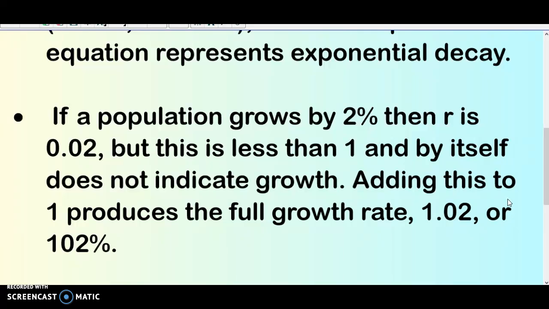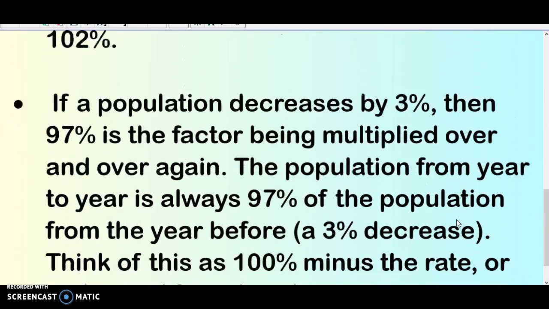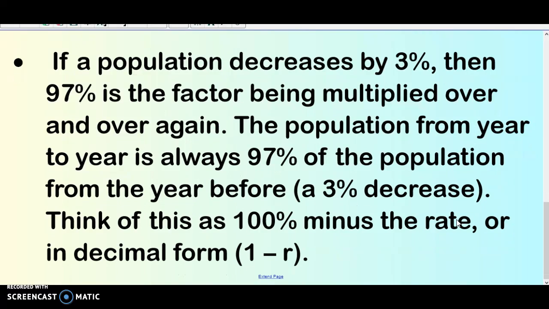So that gives us the growth rate of 1.02, which represents 102%. Now, if a population is decreasing, we're going to do the opposite, and we're going to start with 1, and we're going to take away the amount that it's decreasing by. So if something's decreasing by 3%, then 97% of the factor is still there that we're going to multiply over and over again.